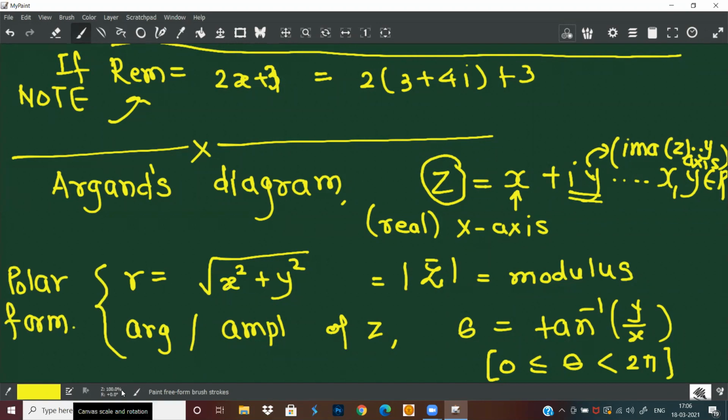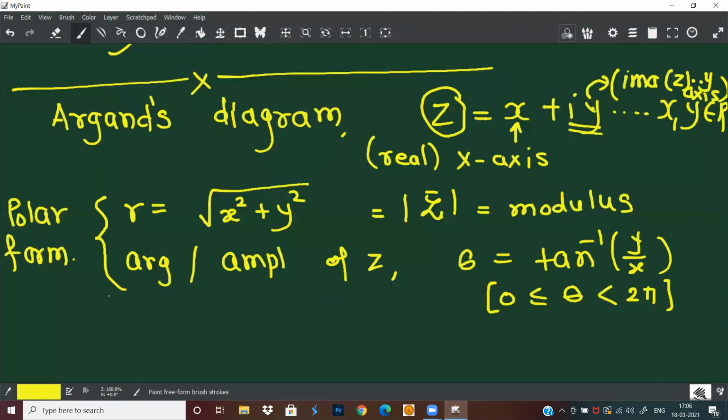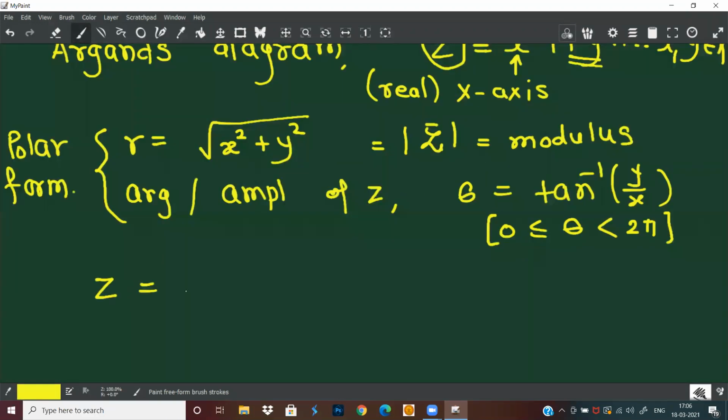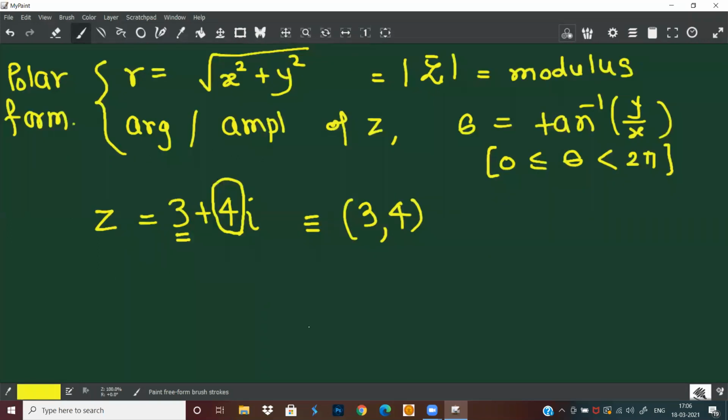Argand's diagram, let me take one example. If somebody gives me z as 3 plus 4i, the real part is 3 and this is the coefficient of the imaginary part. So this corresponds to the point 3 comma 4 on the coordinate axes. If somebody tells me to draw the Argand diagram for z, I will show the x-axis and y-axis.